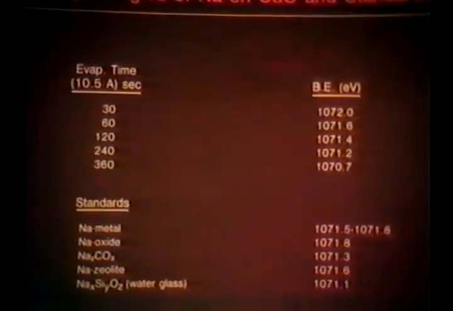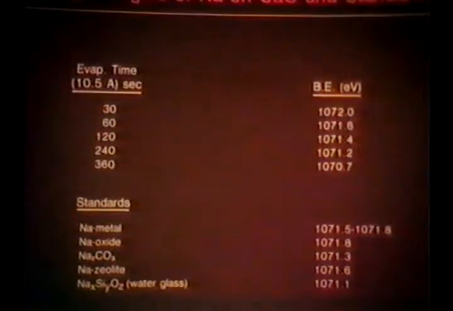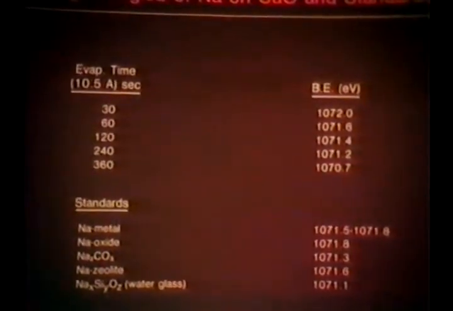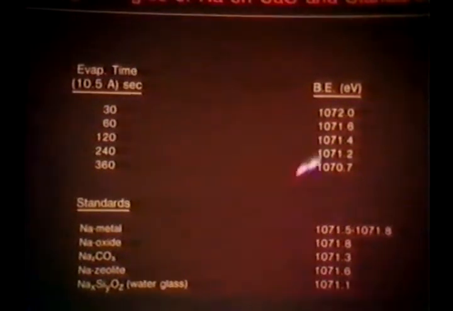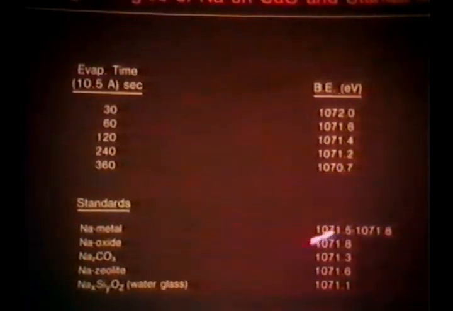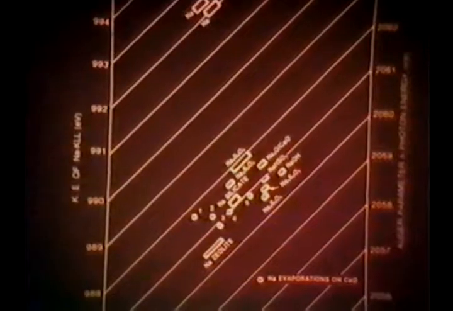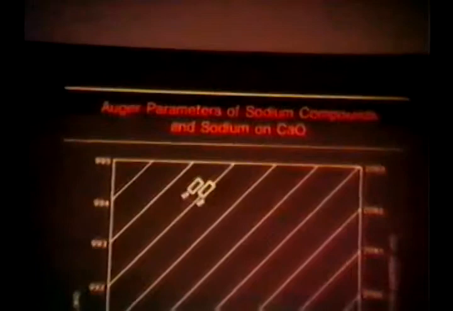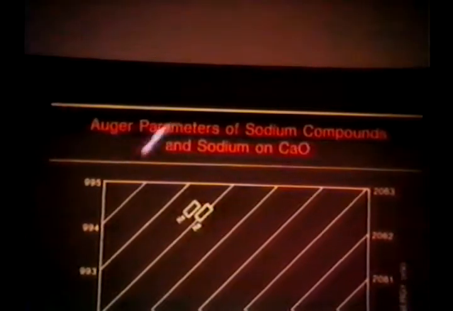Now, in order to identify the form of sodium present on the surface, we compare its binding energy with standard compounds containing sodium. As you can see, it's very difficult to distinguish different states of sodium based on the binding energy. For example, metallic sodium has a similar binding energy as sodium oxide. To solve that problem, we calculated the Auger parameter of the sodium compounds.